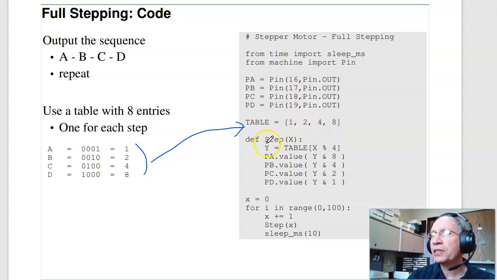Then in the subroutine step, I'm going to take whatever step I am in the table, mod 4. So if I'm at step number 0, I want to turn on A. I guess I got these backwards. D, C, B, A. It doesn't really matter. So I turn on the first coil, second one, third one, fourth one. That's your step. Then to step the motor, I just output a number. Just start counting.